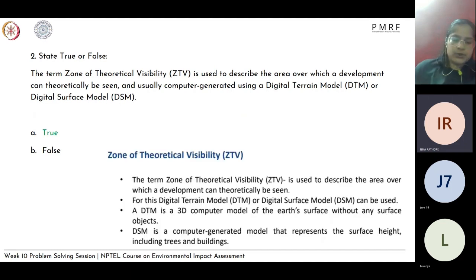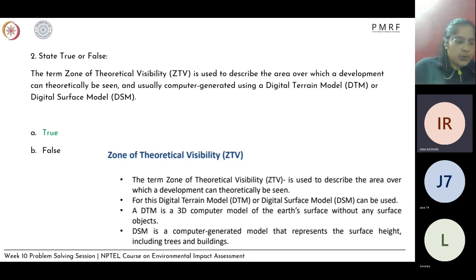Okay, so the statement is also true. The zone of theoretical visibility is used to describe the area over which a development can theoretically be seen. And we use the digital terrain model, which is a 3D computer model of the Earth's surface without any surface objects, and the DSM, which is a computer generated model that represents the surface heights, including the trees and buildings. So the correct answer was A, true.